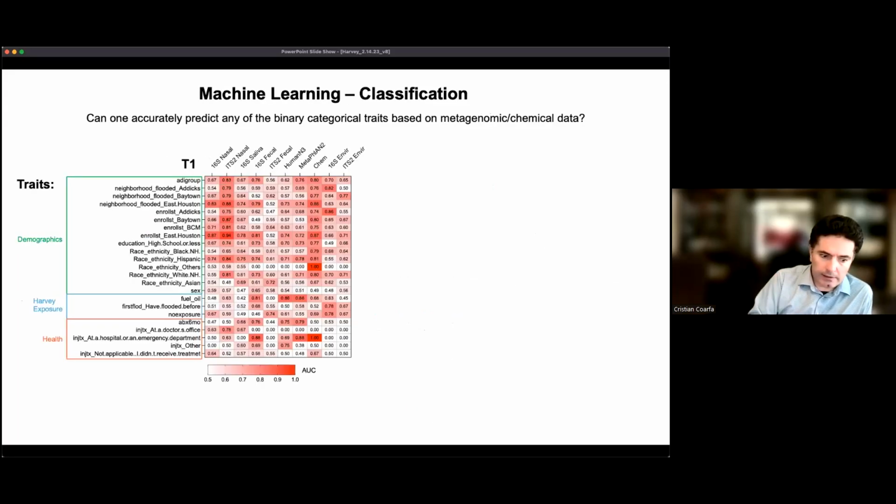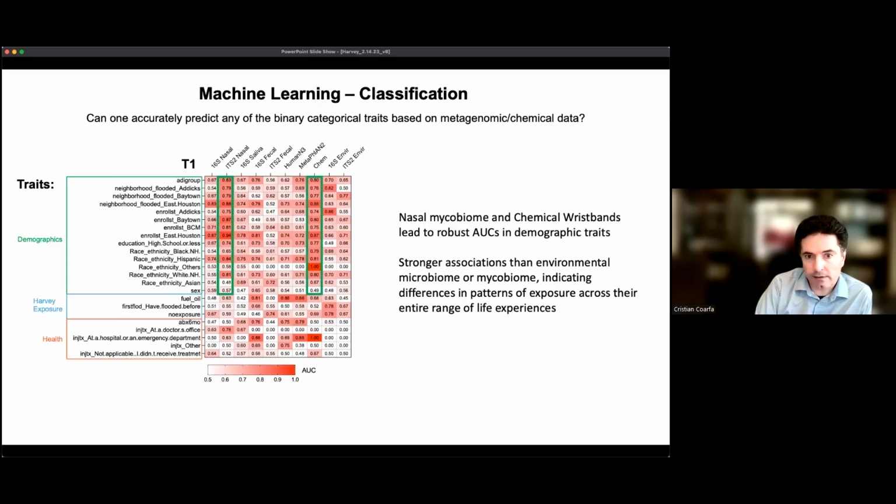In the other part of this analysis, we use machine learning in a classification setting, where again we try to use the area under the curve, AUC, as a metric of goodness of result. And what we notice at a high level is that, in association with demographics, the chemical wristband and the nasal fungal data led to strong associations.